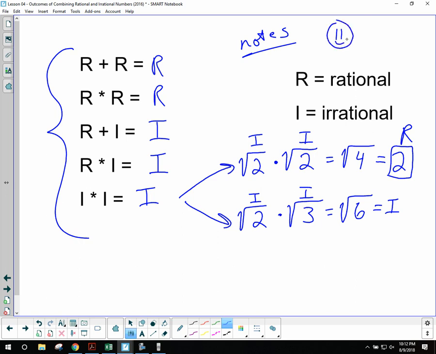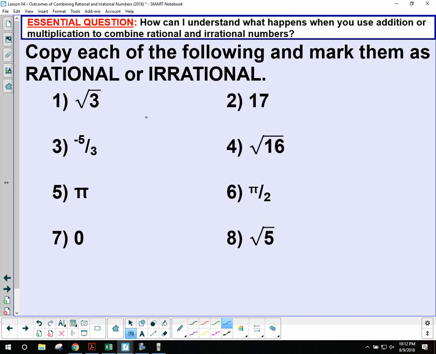So, copy each of the following, mark them rational or irrational. Go ahead and pause the video, try it out. Alright, this one should have been irrational. This one's going to be irrational, irrational, rational. This was part of that Venn diagram, that 0.